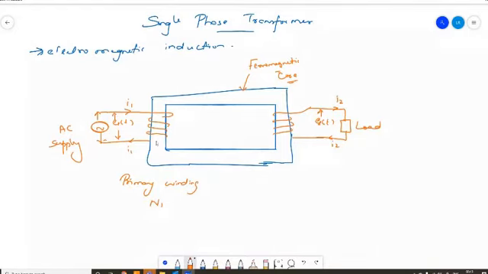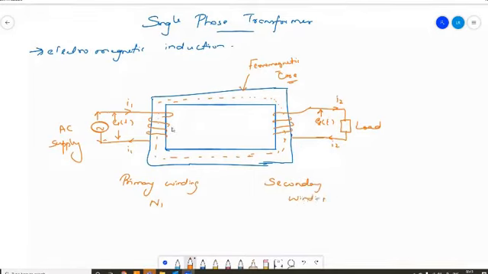So now what has been done, a low reluctance path has been created with the help of this core. The purpose of this core is actually to provide a low reluctance path for the linkage of flux between the primary and this secondary.